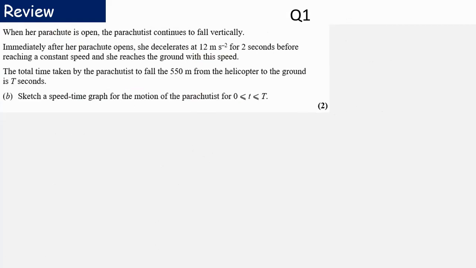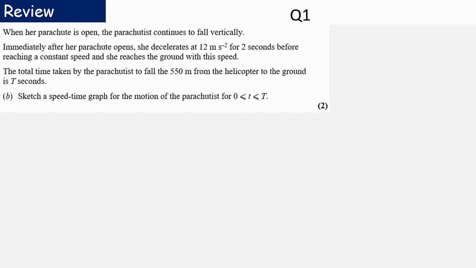Part 2 of this question. When a parachute is open, the parachutist continues to fall vertically. Immediately after her parachute opens, she decelerates at 12 meters per second squared for 2 seconds before reaching a constant speed, and she reaches the ground with this speed.